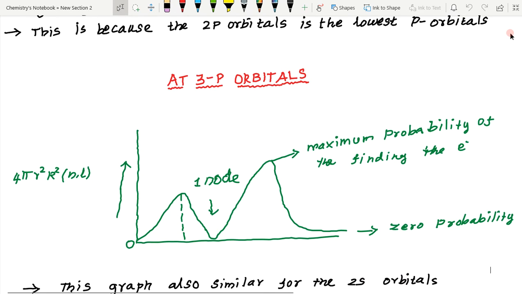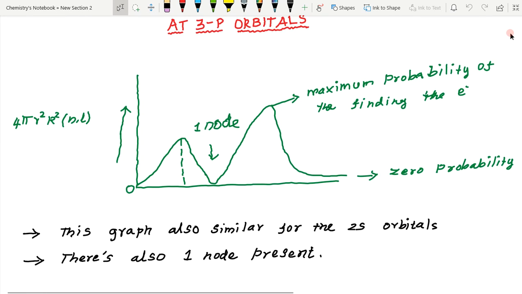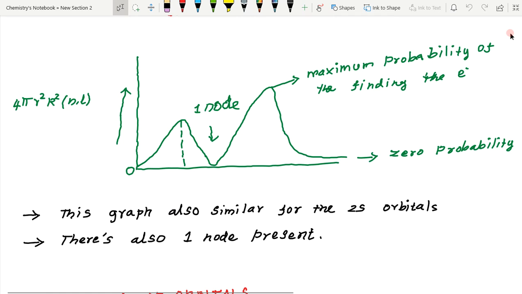See next, at 3p orbitals, take the plot against 4 pi r square capital R square nl. There is also like this, 0 means there is no probability of finding the electron. On the right side, the maximum curve denotes the maximum probability of finding the electron.